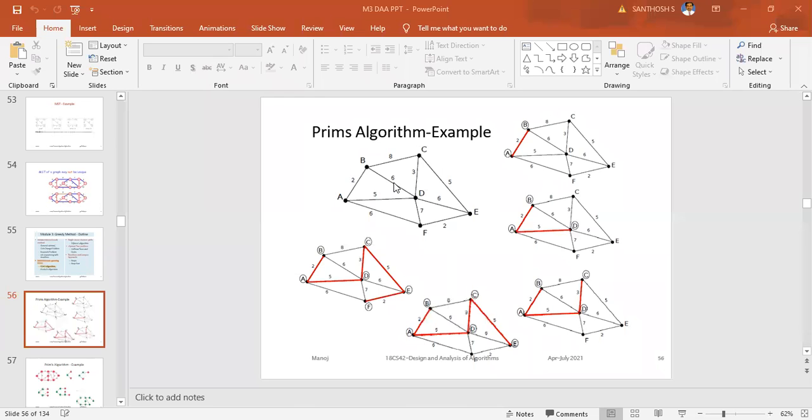So this is an example we have taken. Here the source node we have taken is B. You have A, B, C, D, E, F. The first character will be the source node and the last character will be the destination node.